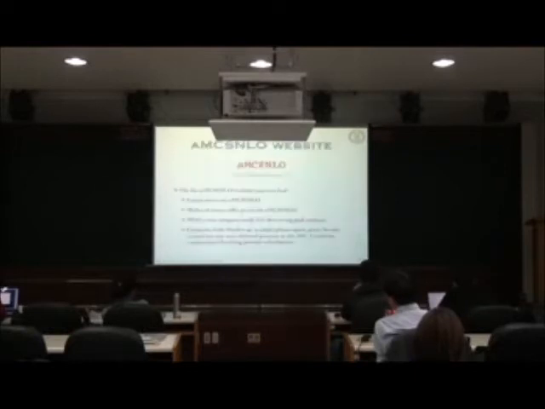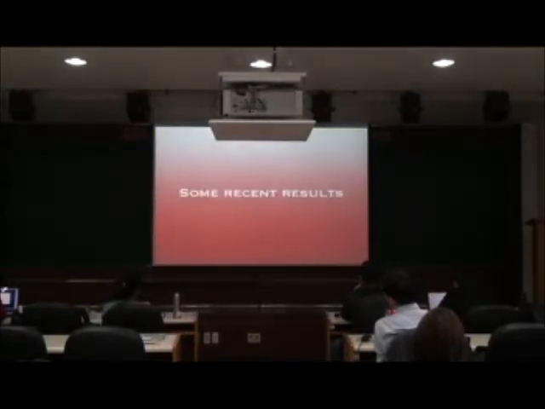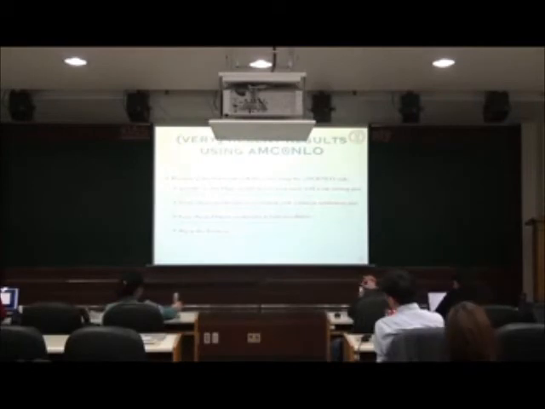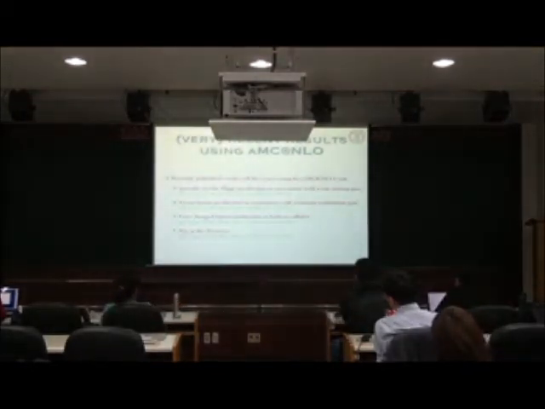For the last 15 minutes or so, I want to show you some of the recent results we have obtained with our automatic MC@NLO code. As you can see, we have written four papers on this code so far, all with the same collaboration, and all very recent. All of them are this year. You can see from the arXiv numbers that they are all in 2011, one in April, one in May, and two actually this week.